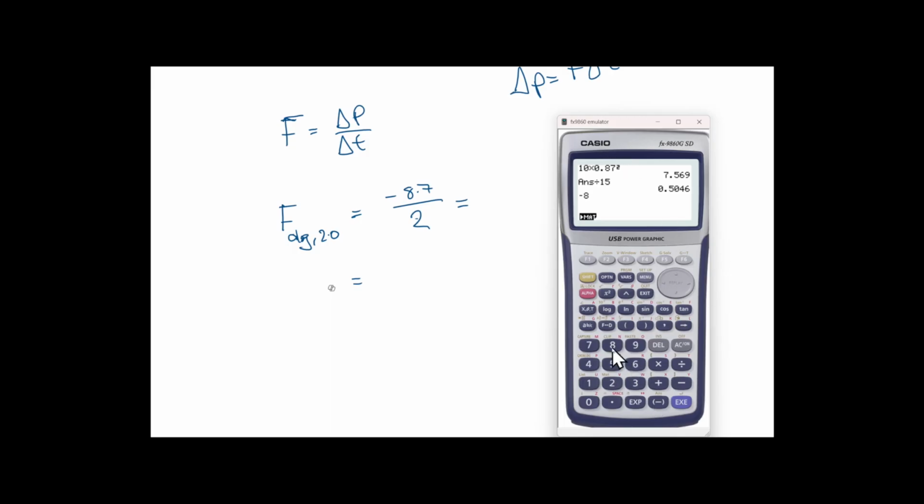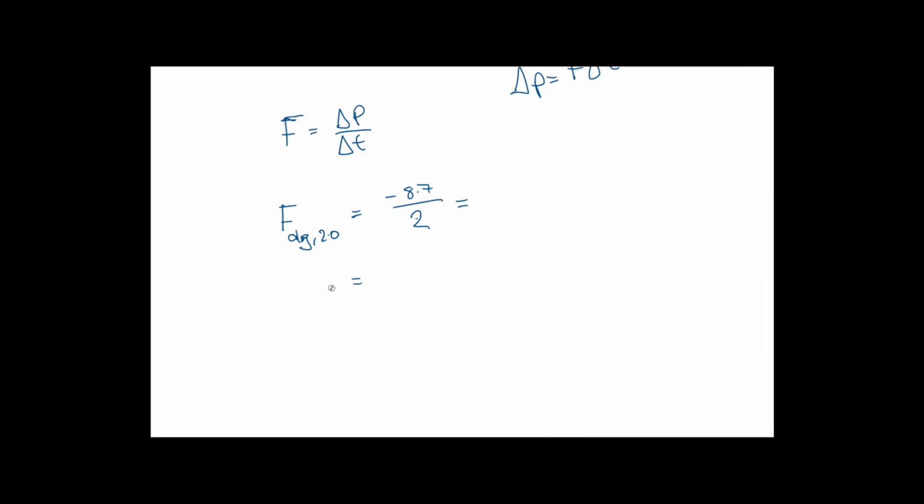So negative 8.7 divided by 2, negative 4.35. Negative 4.35 what? Well, it's a force, so it's a Newton. So it's a force opposing the way that we're looking, 4.35 newtons. Okay, it wouldn't be great, but okay.